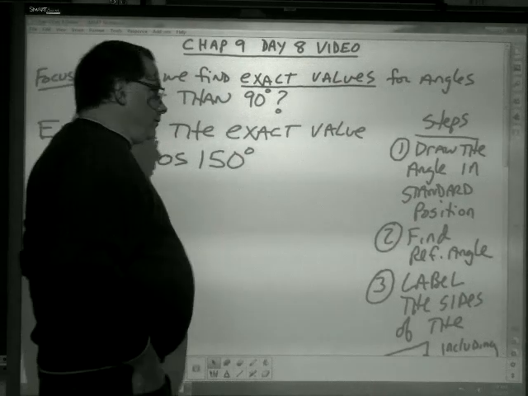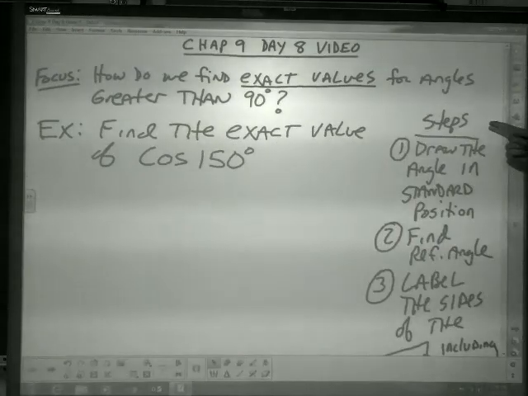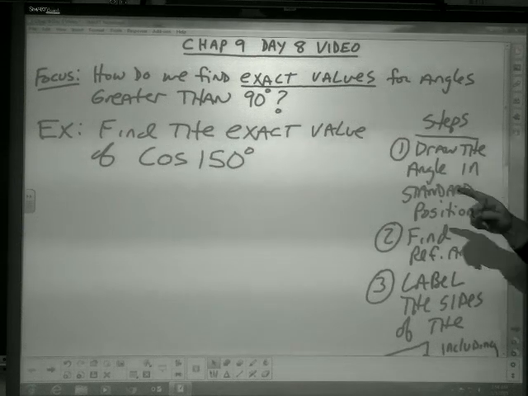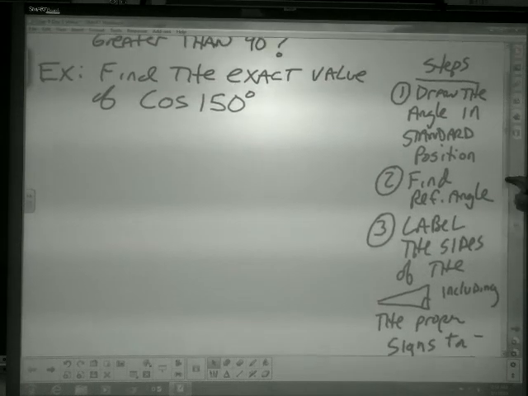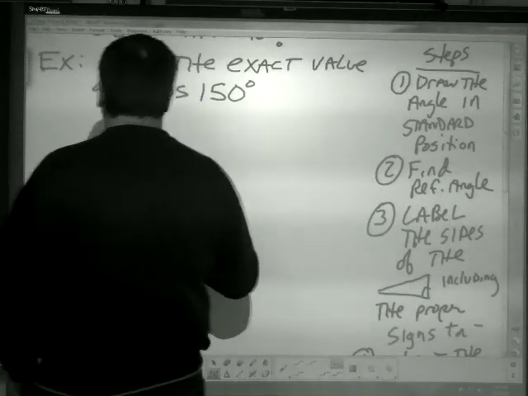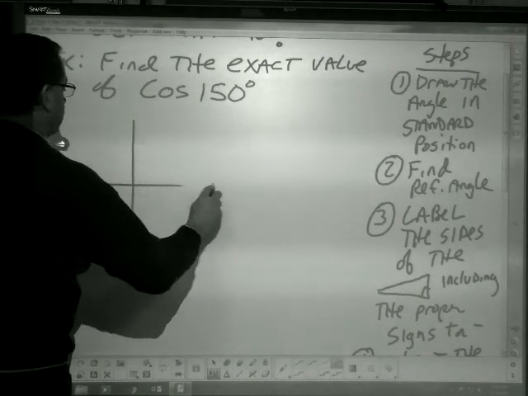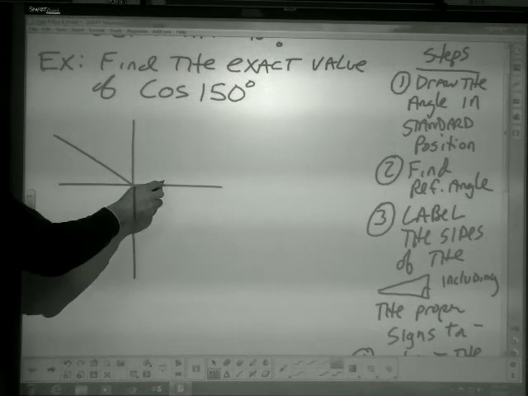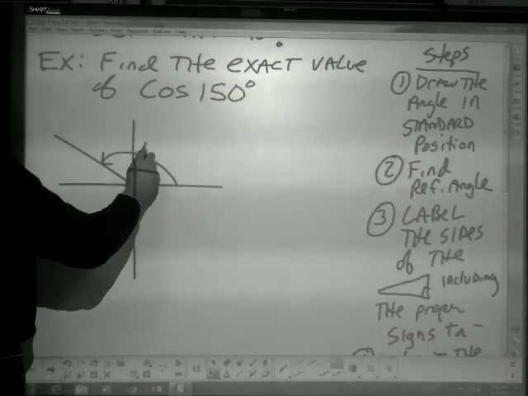Alright, so first thing we have to do, step number 1. Draw the angle in standard position. So first we got to draw the 150 degree angle. 150 degrees puts it over here in quadrant 2. So this is 150.